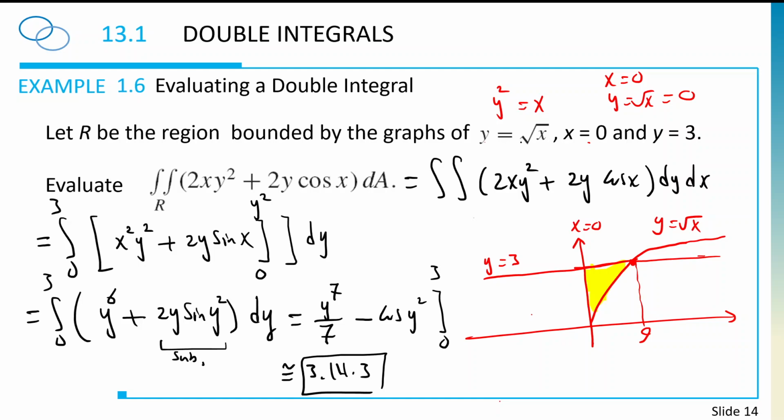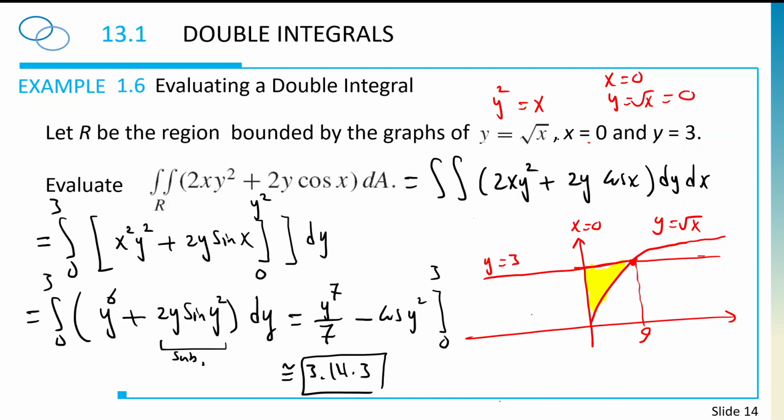So I need to do what? We need to do x first. So x from 0 to what? We need to do y first, sorry. We decided to use y first. So y should be first, so I need to start from 3. There's a 3 and radical x.